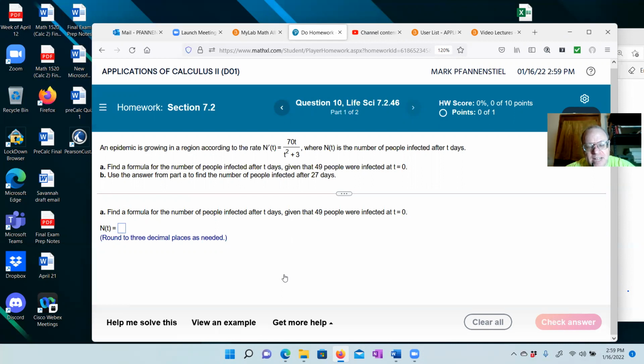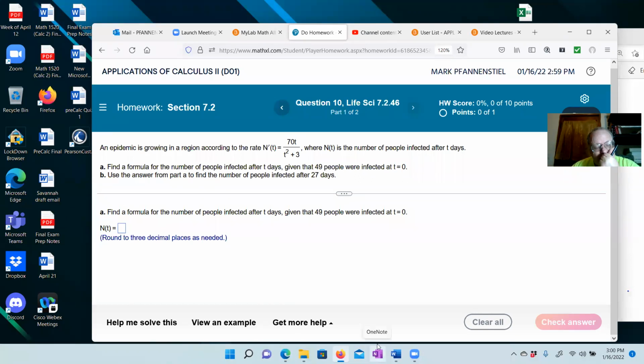I wonder if that would have any practical application these days. Find a formula for the number of people infected after t days, given that 49 people were infected when we detected the disease. Then use this answer to find the number of people infected after 27 days. That's not going to be so bad.